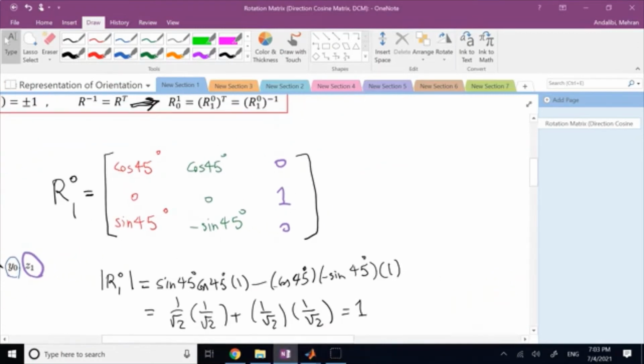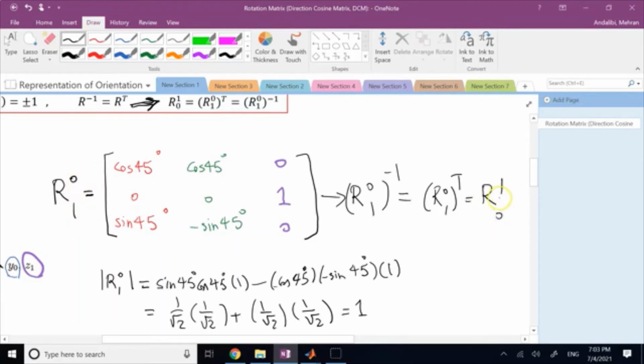If I invert this, the inverse, which is the same as the transpose, what does that mean? Remember, this shows the rotation or the angles of frame 1 with respect to 0. The inverse of that shows the rotations or angles of what?